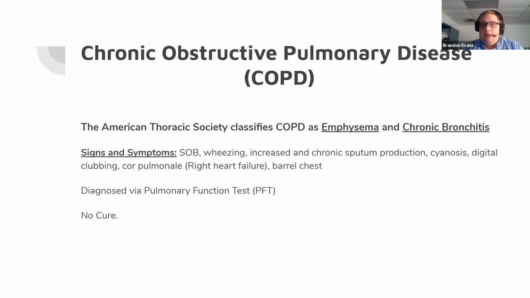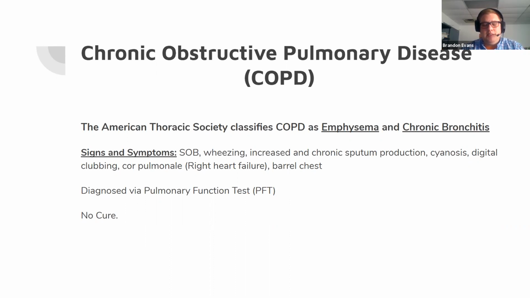However, to be diagnosed with COPD, you can only really do this with a pulmonary function test. A lot of doctors will just slap the COPD diagnosis on patients that have emphysema and chronic bronchitis, but really to diagnose the true disease, you have to have that pulmonary function test done, which will measure specific volumes in your lungs.